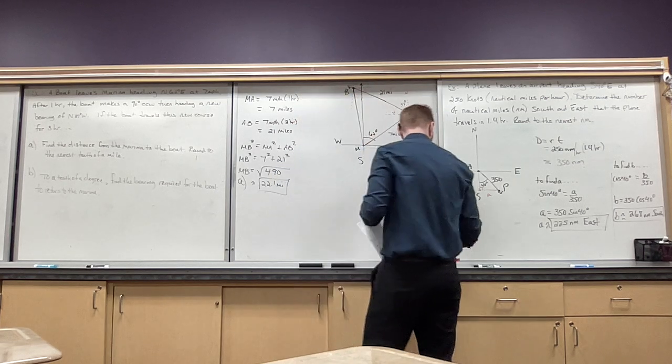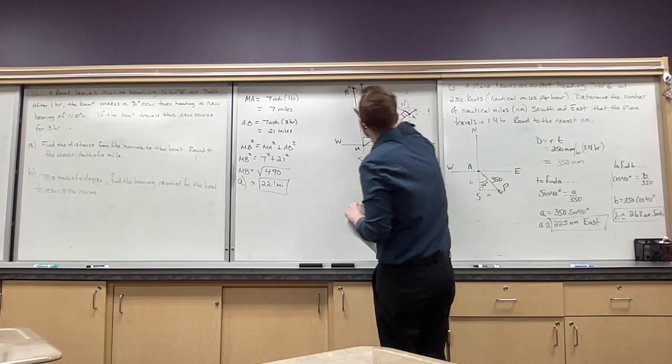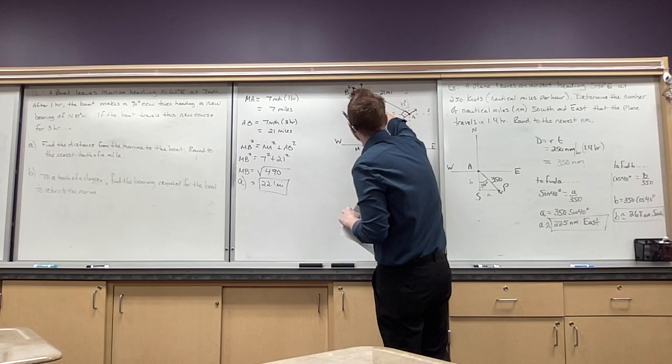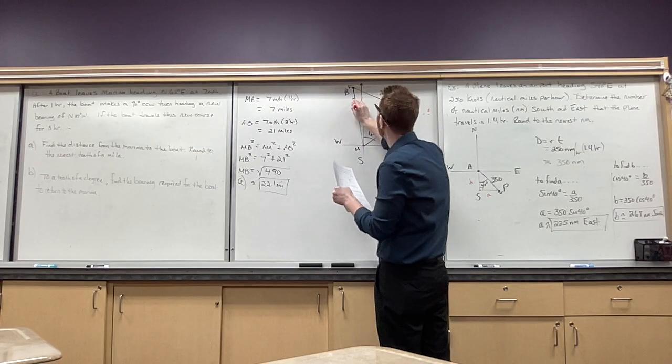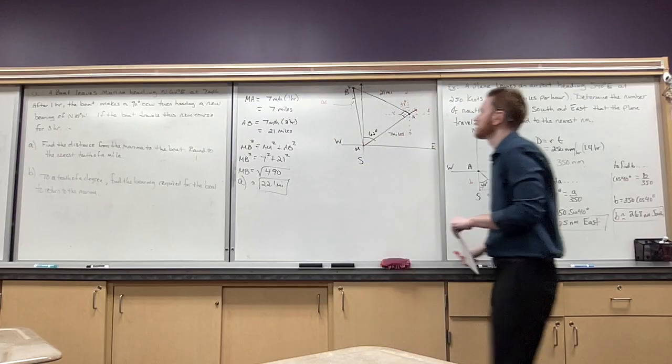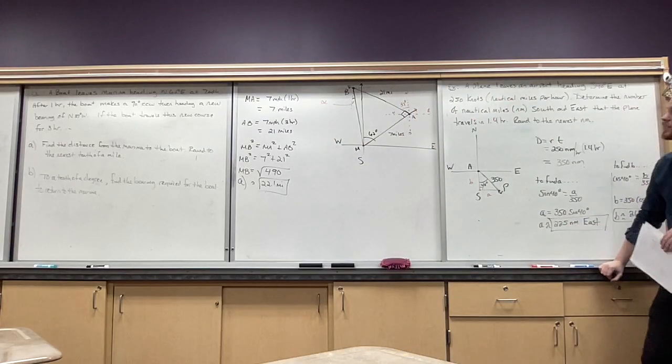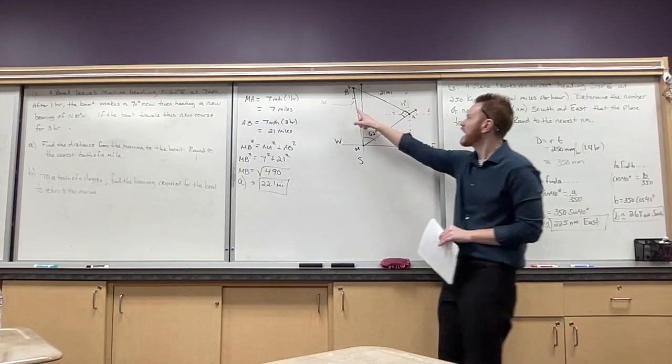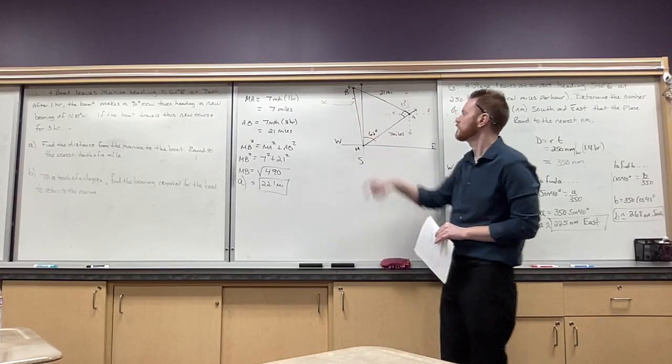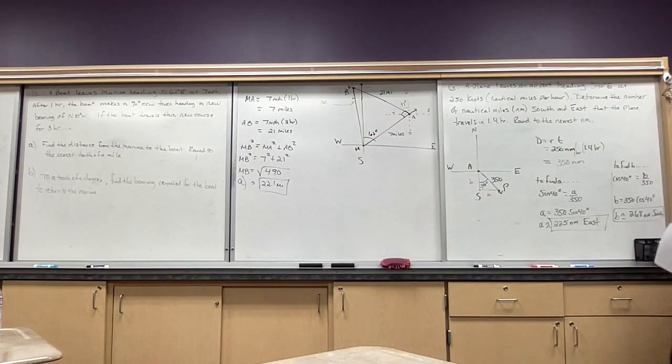I'm going to call that angle alpha. I want to know what that angle measurement is. Once I have it, I can say the boat has to head in the southeast direction that many degrees.